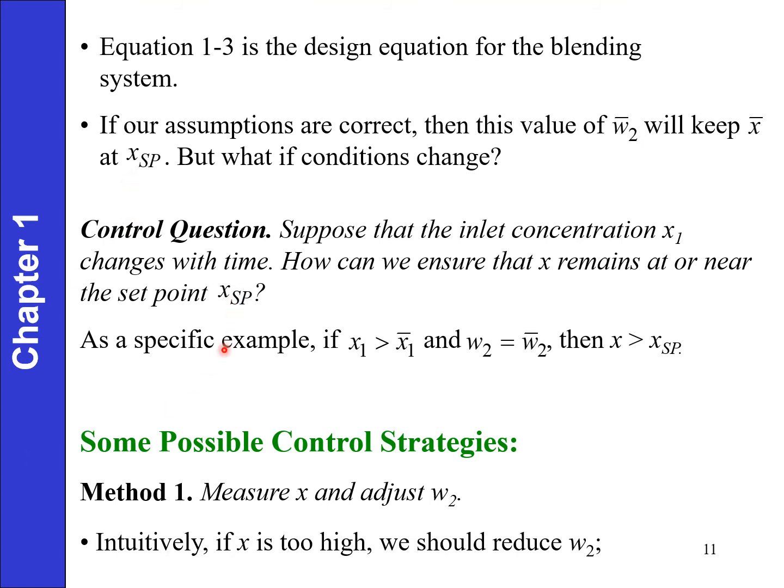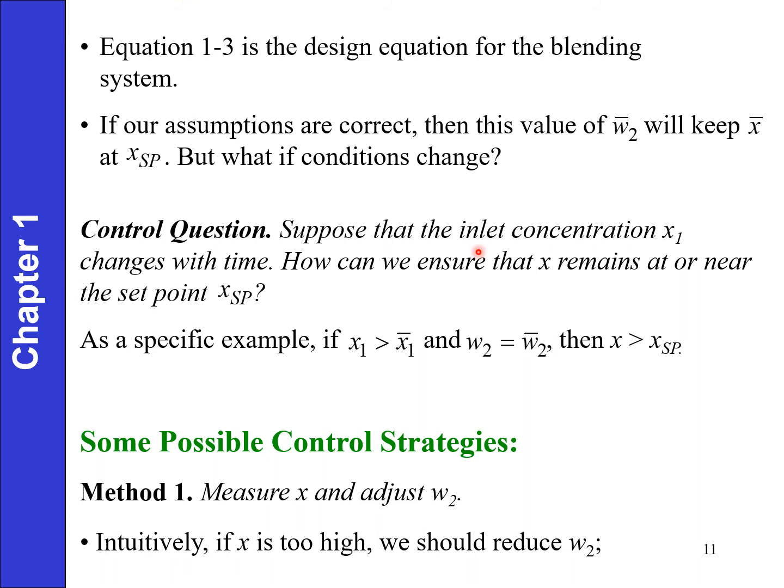Okay, so what if conditions change? The control question is: suppose that the inlet concentration X1 changes with time. How can we make sure that X remains at or near the set point? This case is an example of a disturbance, the terminology that we use when we introduce a disturbance to the system.